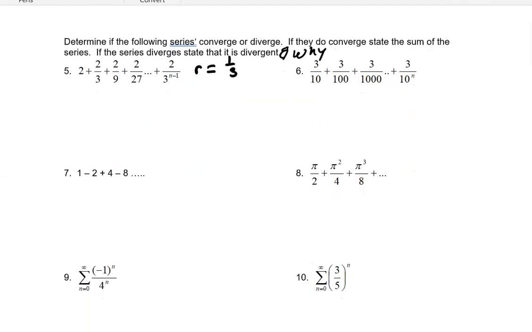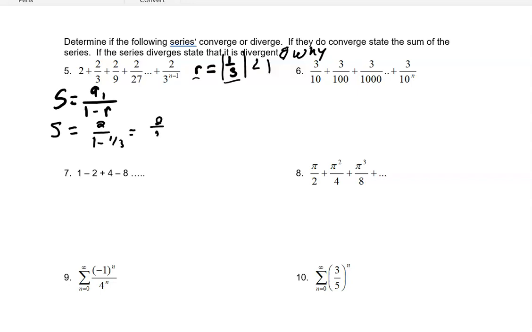So now, our little shortcut that we talked about, we now have a formula for this. Whatever our first term in the series was, divided by 1 minus our ratio, should give us the sum of the series. And the reason we know it's going to converge is because our ratio was 1/3 and that absolute value was less than 1. Okay, so our sum for this problem should be our first term of 2 divided by 1 minus the common ratio of 1/3.